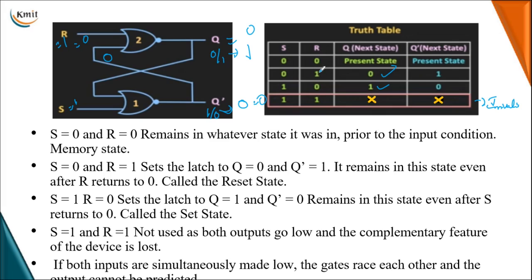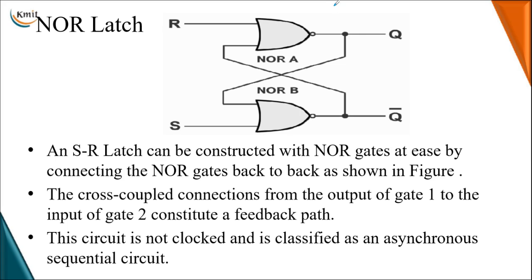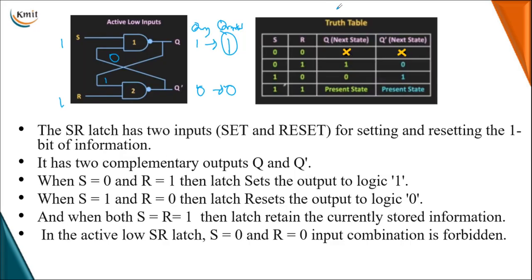So here, an active high input resets your flip-flop, and an active high input on set will set your flip-flop. Hence these latches are known as active high input latches, whereas the previous one, the NAND latch, is an active low input latch.